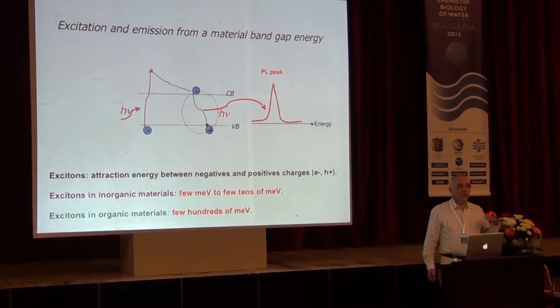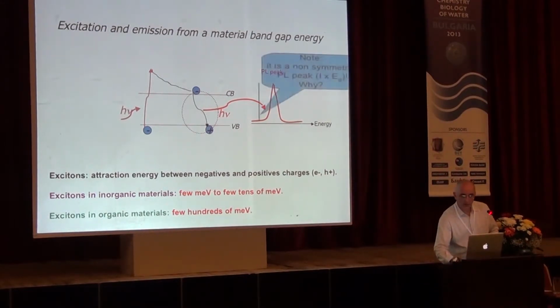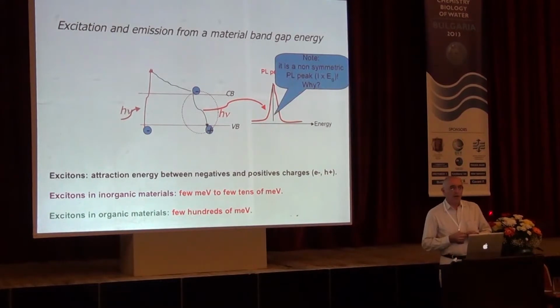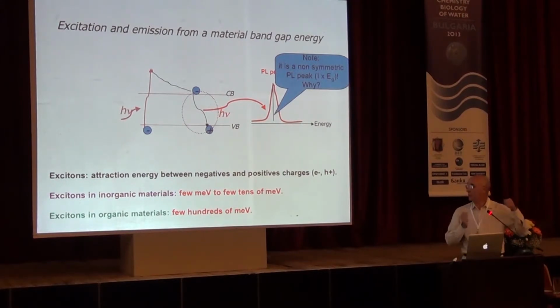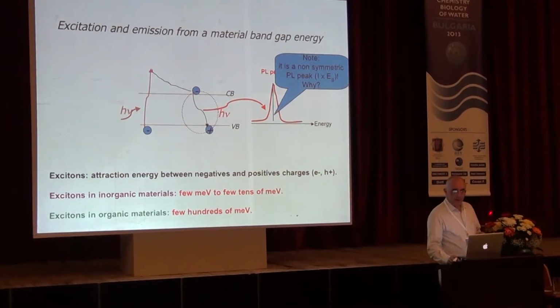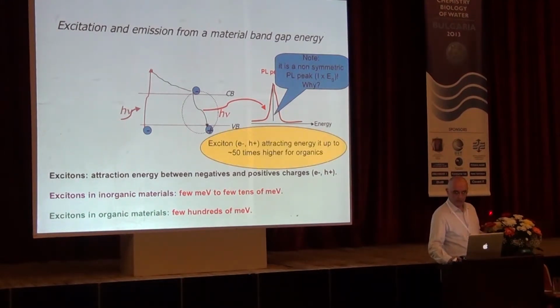But for organic materials, it's much higher. And we will see that we can get much higher values for this attraction between electrons and holes. So this photoluminescence peak is not symmetric because of the shape of the density of states.